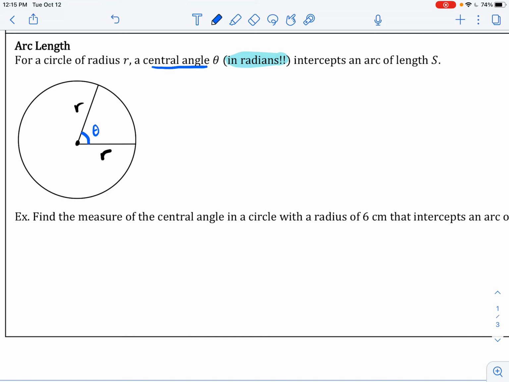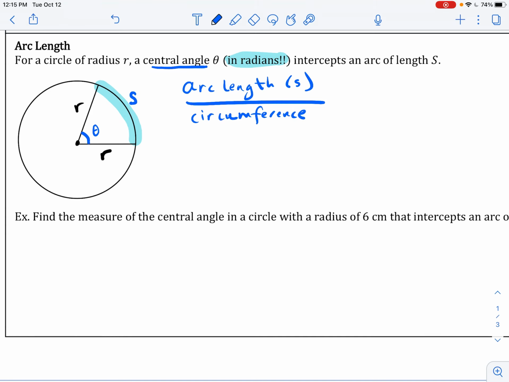Now, we would say that this central angle intercepts an arc length. Let me highlight this so we can see. This here is our arc length. We often denote arc length as S. What do we know about the arc length? We know that this arc length, which we'll describe as S, is a certain ratio of the entire circumference of the circle.